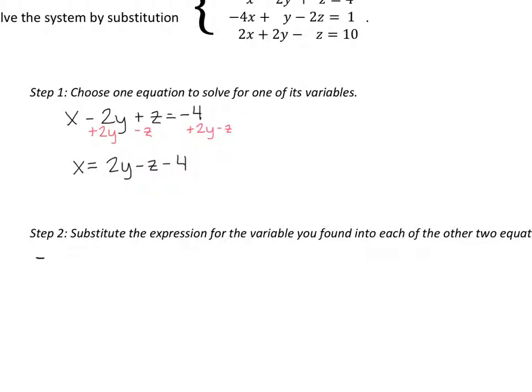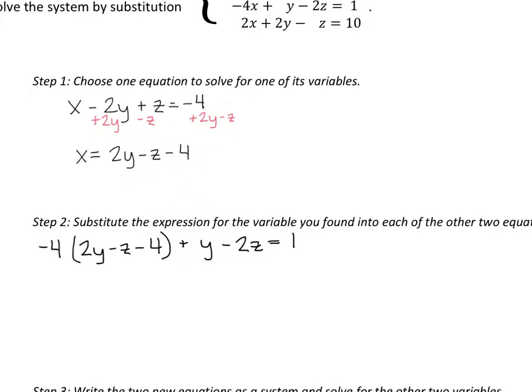So it'll be -4 times 2y minus z minus 4, close our parentheses, plus y minus 2z equals 1. The next step will be to distribute the -4 to all three terms in the parentheses.